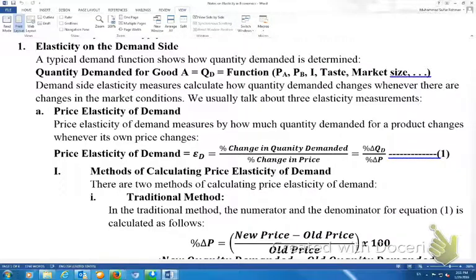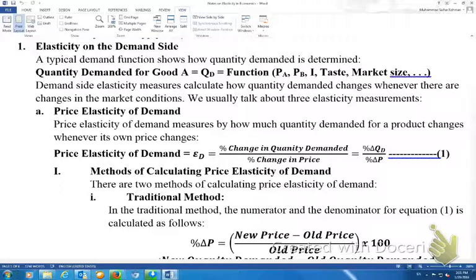In the general definition, you can argue that the quantity demanded, which we usually write as QD, is a function of PA, which is the price of the good in question, PB, which is the price of a related good, I, which stands for income, taste, and market size. All of them could affect the quantity demanded of a certain good.